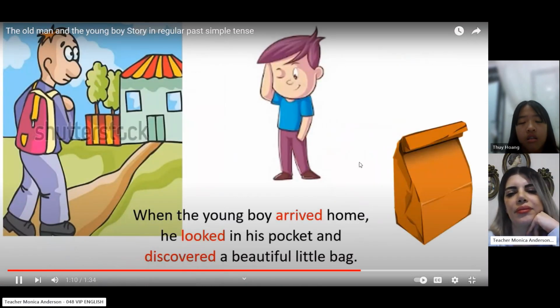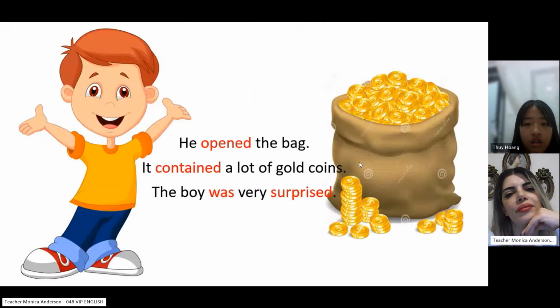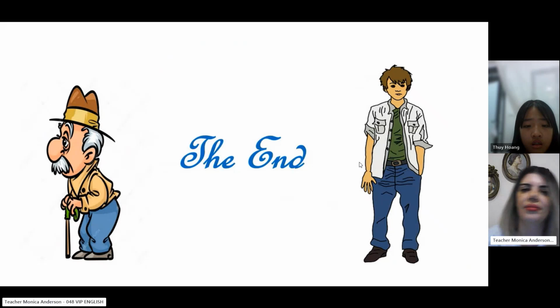When the young boy arrived home, he looked in his pocket and discovered a beautiful little bag. He opened the bag. It contained a lot of gold coins. The boy was very surprised. The end.